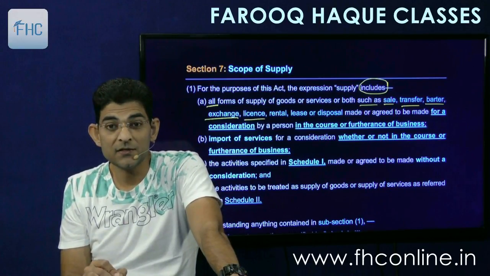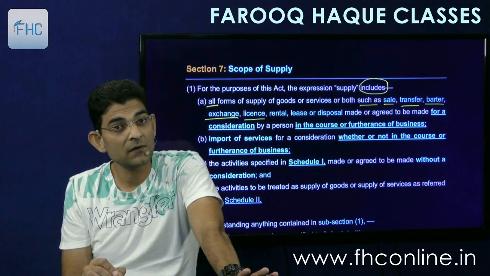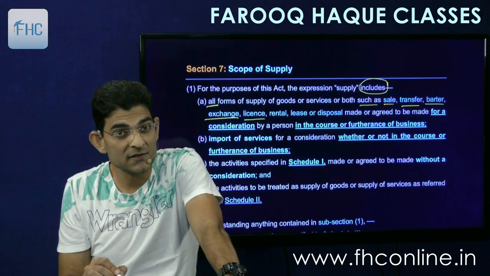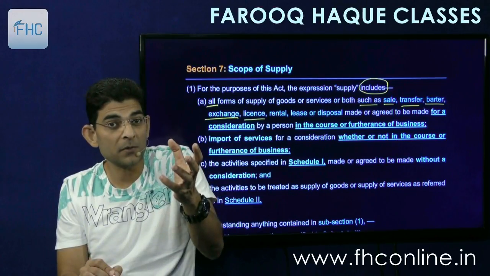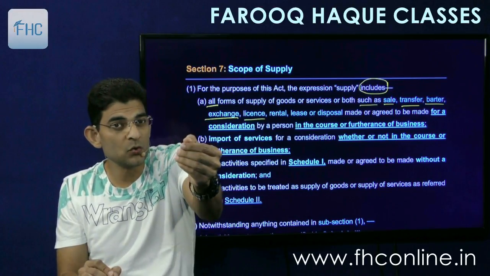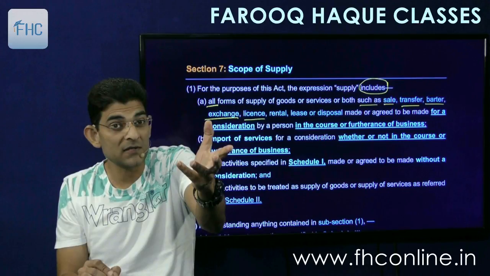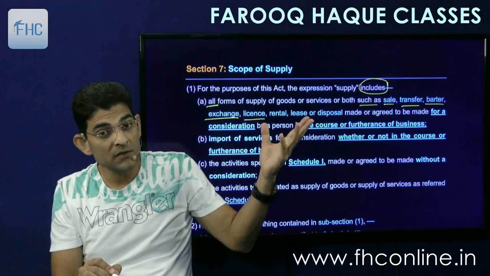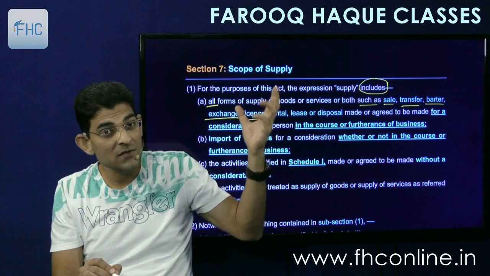License. License means the ownership is not transferred. You give something for use to someone else. Like I've got intellectual property, a trademark, and I give it to you for use for some number of days or months or years against a consideration. That will also be considered as supply.